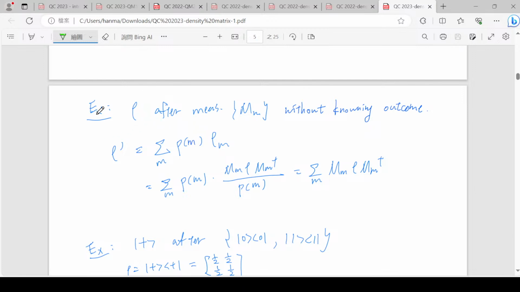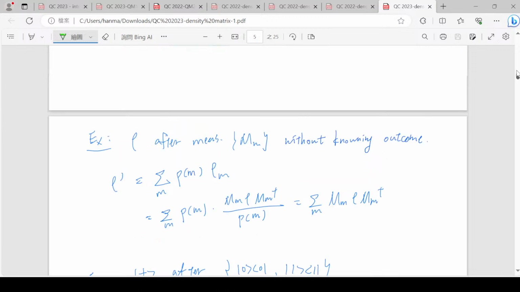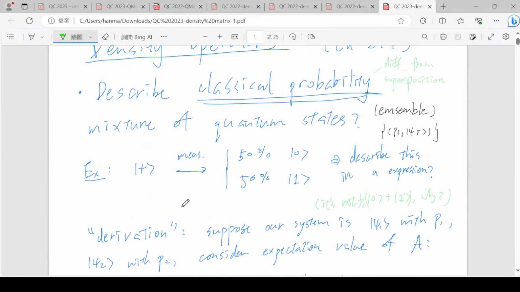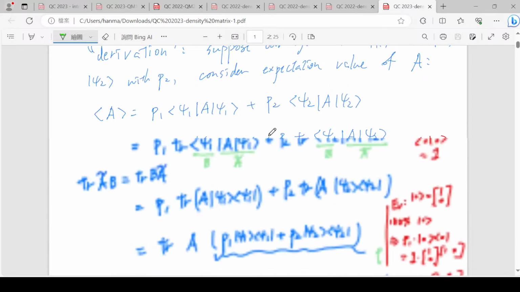So the state will actually get changed to something else. For example, if you do a computational basis measurement on this plus state, it will get changed to something else. We cover up the measurement results, so you don't quite know the resulting pure state, but the state will definitely get turned into something else. And we can think of this something else as a mixed state, as we now know.